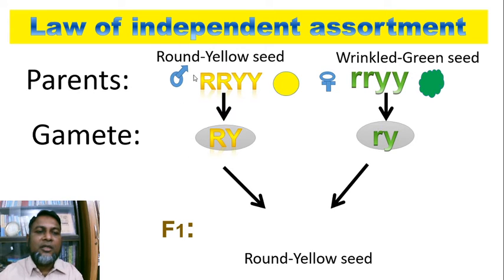When the female gamete is crossed with the male gamete, capital R mixes with small r, and capital Y mixes with small y.